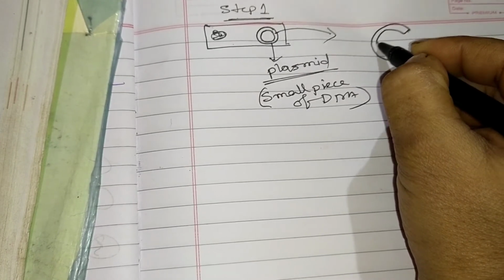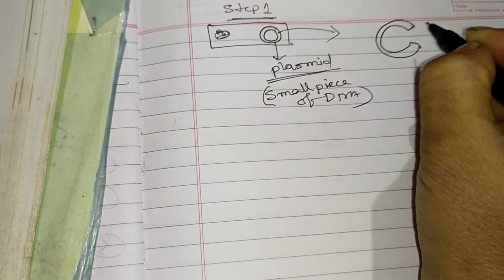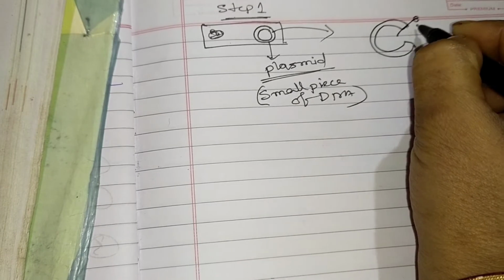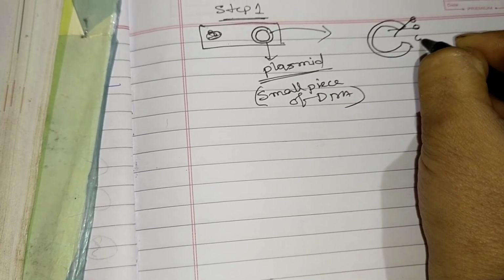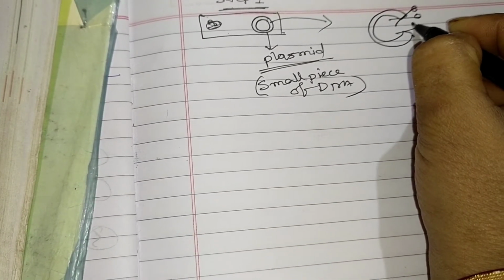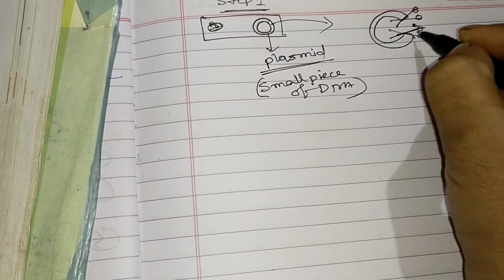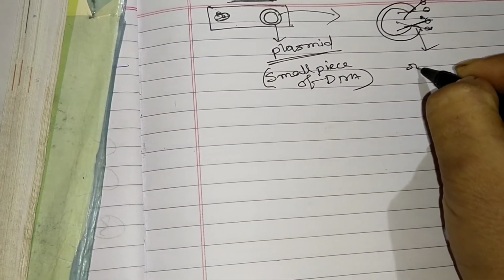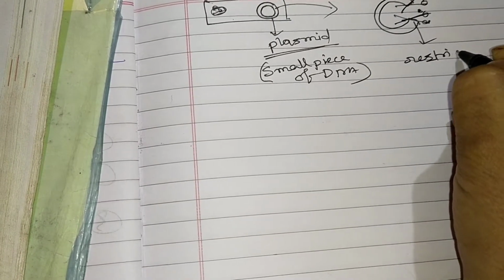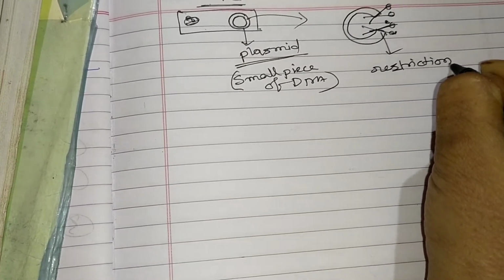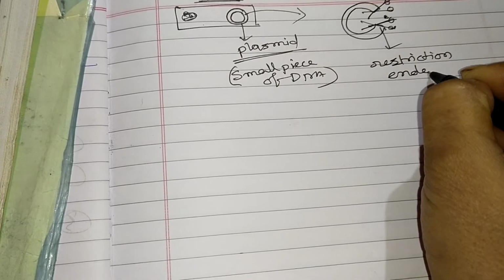Now this will be cut at a specific site by the molecular scissor, and this scissor is known as restriction endonuclease. Restriction endonuclease, that we will learn also afterwards.